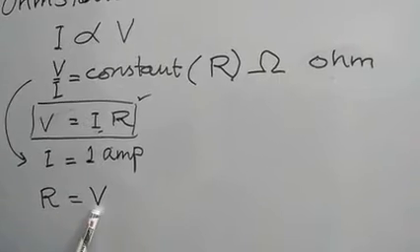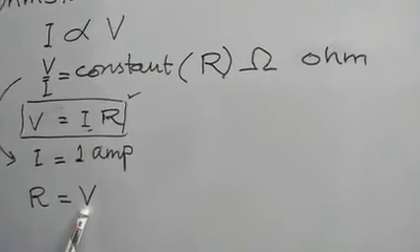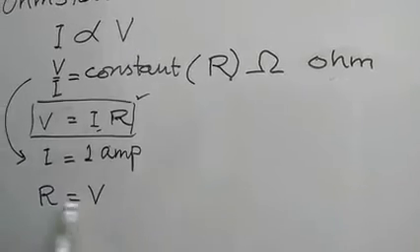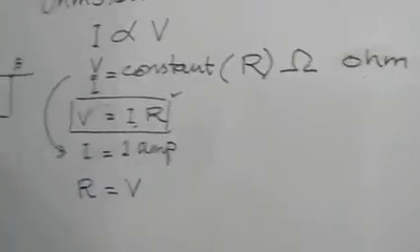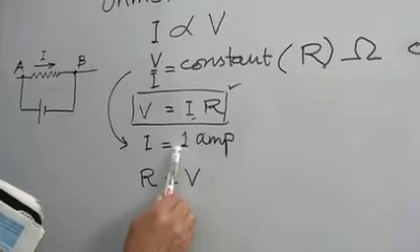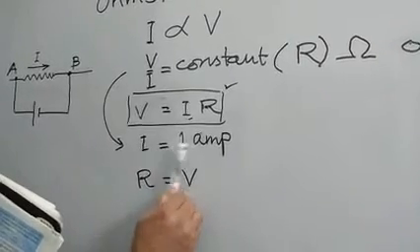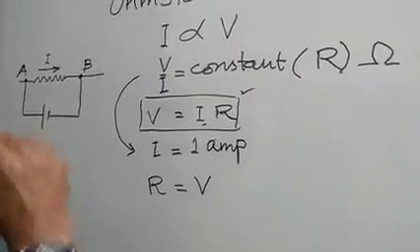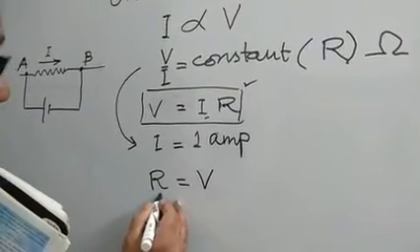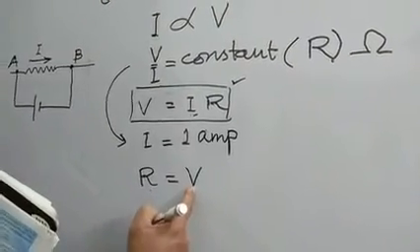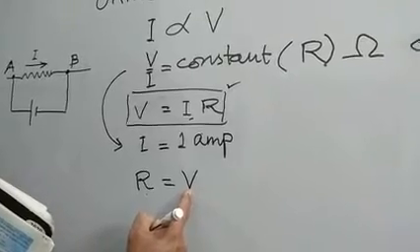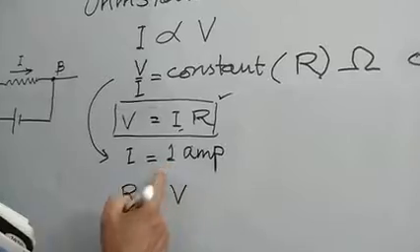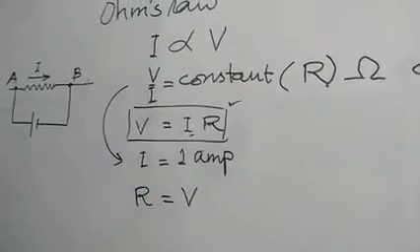Resistance is numerically equal to the potential difference applied across the ends of a wire which sends a current of 1 ampere. Once again, resistance is defined as numerically equal to the potential difference applied across the ends of a wire so that it sends a current of 1 ampere through the wire.